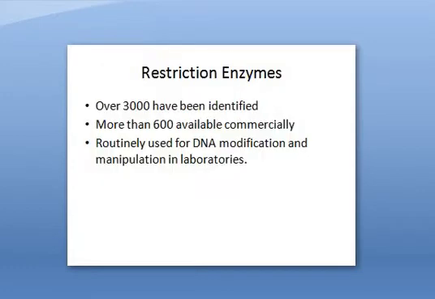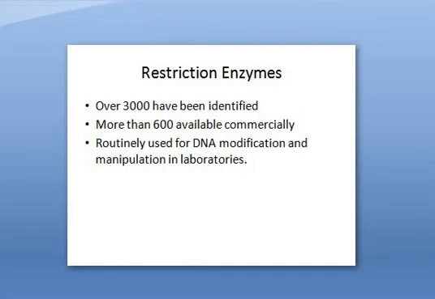Now, there are two types of restriction enzymes. The ones that cleave inside the DNA are called restriction endonucleases, and the others that cleave DNA at the ends are called restriction exonucleases.